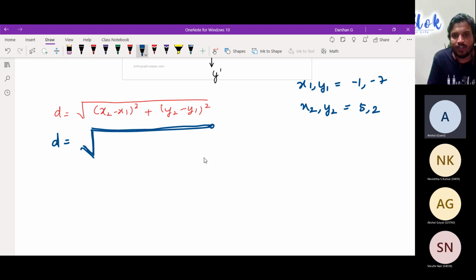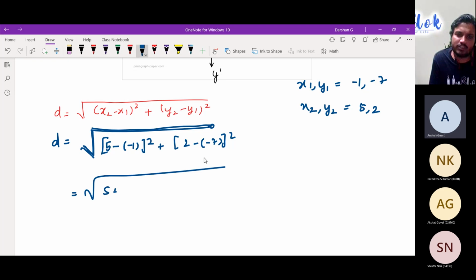Okay, so we know what x2 and y2 are. x2 is 5 minus x1, which is minus of minus 1, the whole square. If you write this properly, you can easily get the answer. So root of (5 plus 1) the whole square plus (2 plus 7) the whole square.